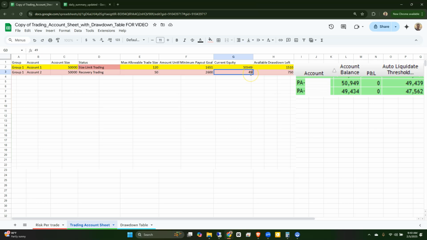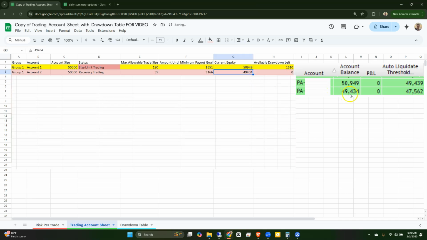49,434. So we have more than $3,000 left to go on payout because we're even below where the account started in this example. But let's figure out the amount of drawdown we have left. It's not that.